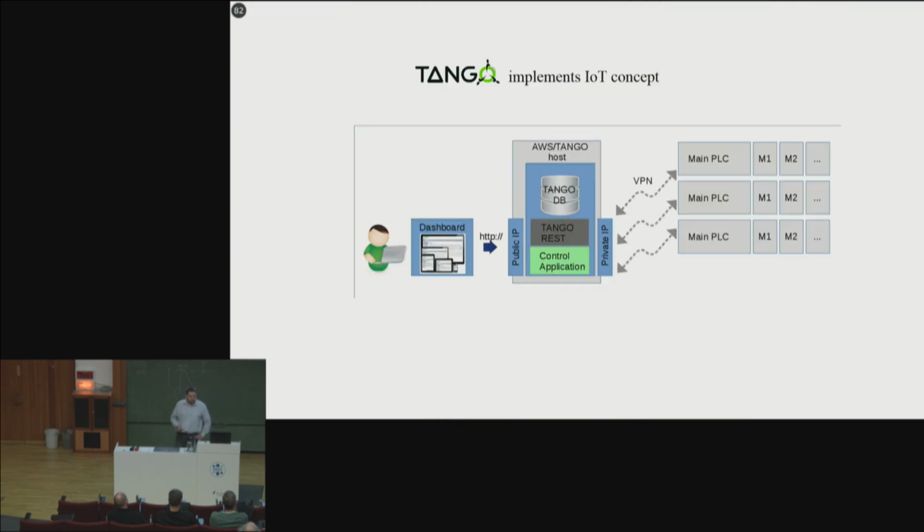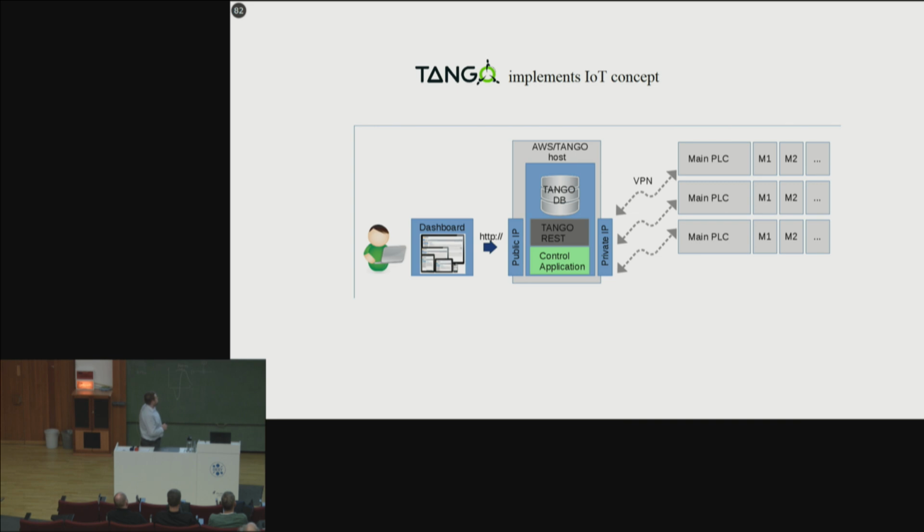And another example of using Tango in the enterprise world is that with Tango we can implement the Internet of Things concept. So imagine we have hardware with embedded Linux on it, which runs a Tango server, and this hardware is connected to the internet and through a VPN, a virtual private network, is connected to the private network interface of an Amazon instance.